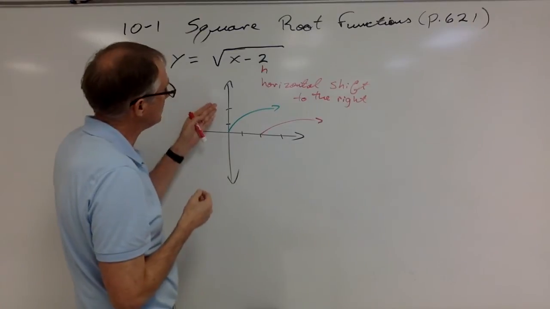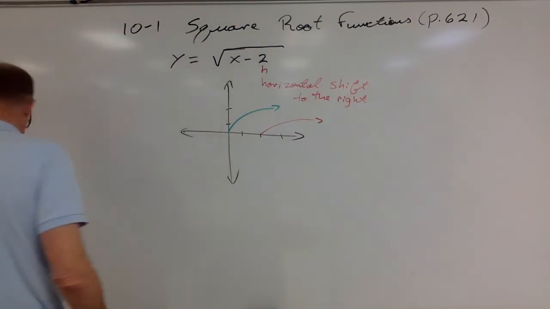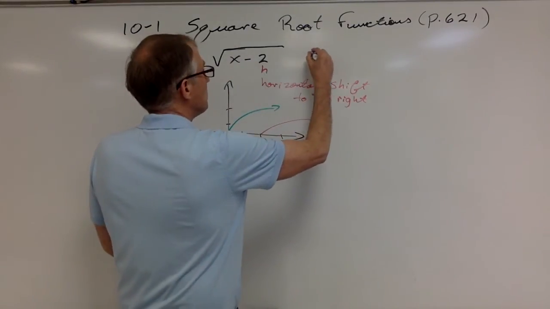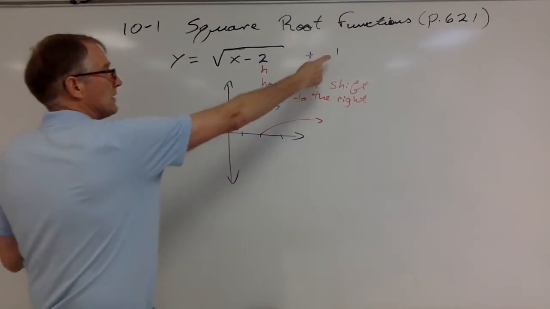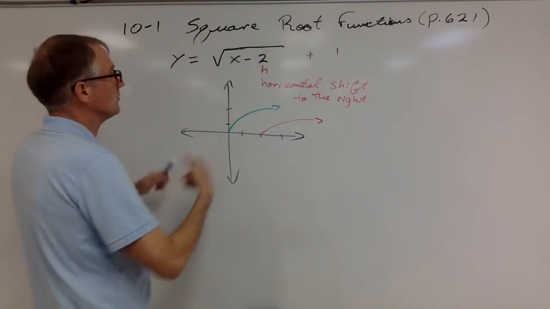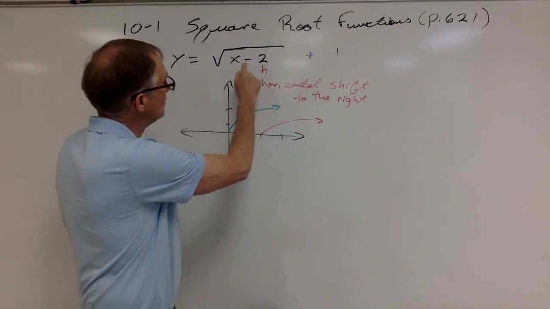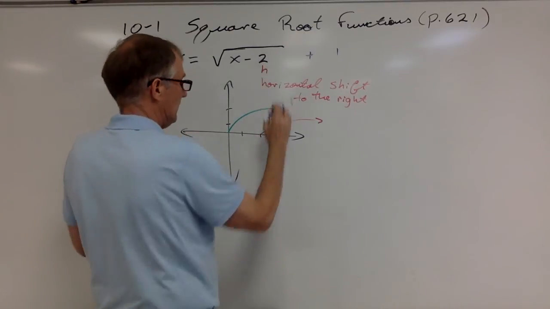So you can get vertical shifts, all right? A vertical shift, if I had, let me get a different color really quickly, if I had x minus 2 plus 1, that's my vertical shift. So x minus 2 is a horizontal shift to the right, 2 units. x minus a positive 2, h being that 2.